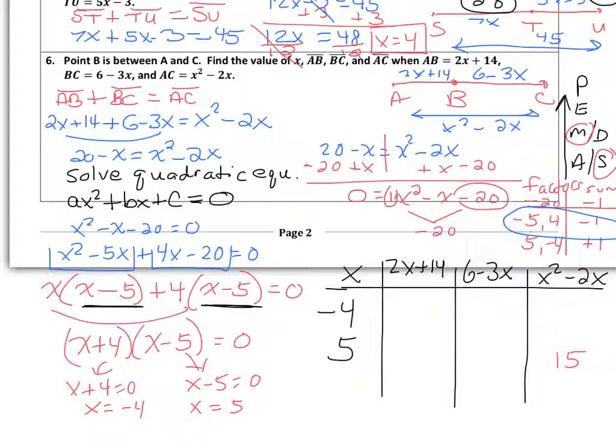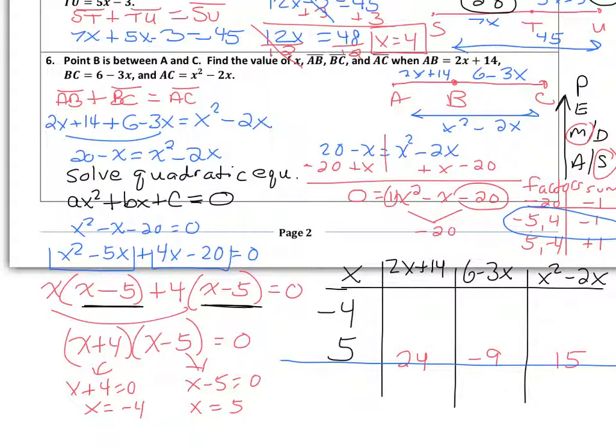So that would give us a negative value. 6 minus 15 would be negative 9. And 10 plus 14 would be 24. Now 24 minus 9 is 15, but we cannot have a negative segment length. It just is not possible. So x equals 5 is not a geometric solution. It's a perfect algebraic solution, but not a geometric solution.